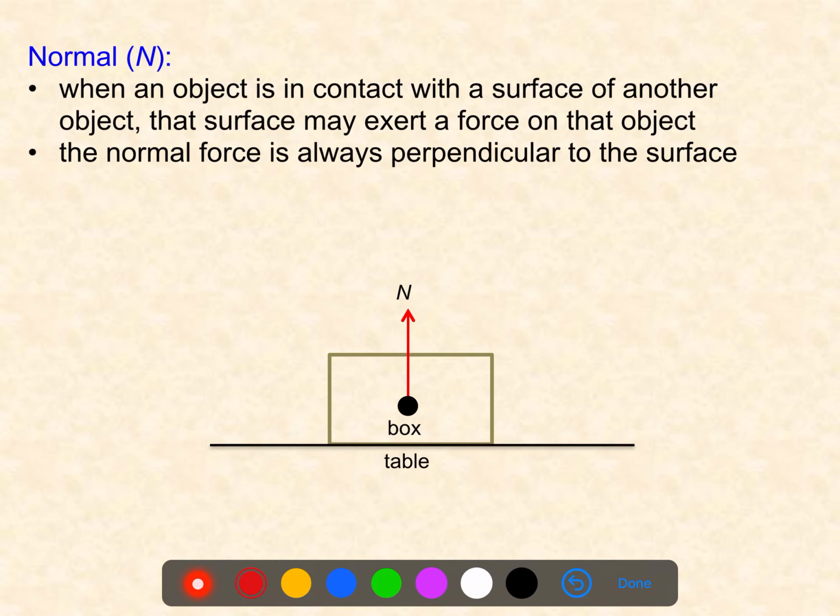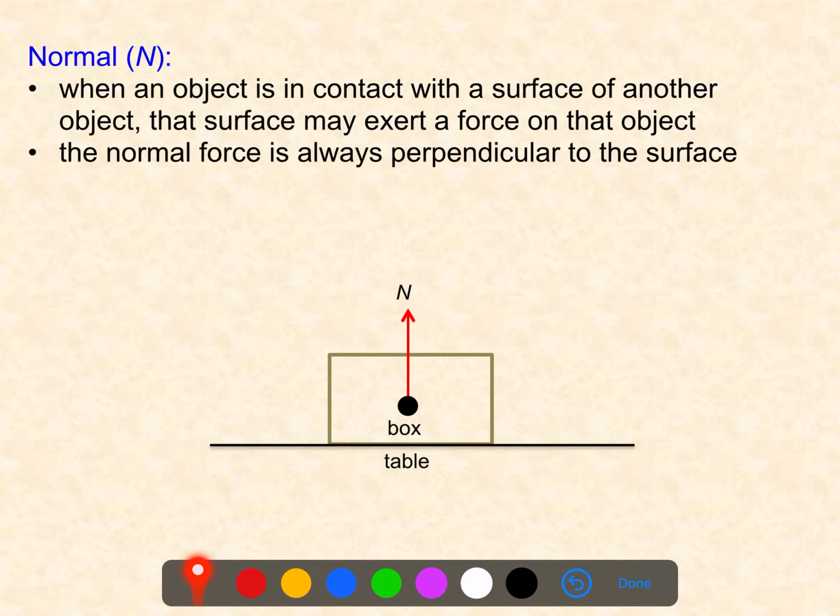The normal force is basically a force that happens when there's contact between the surface of one object and another, and that contact force is always going to be perpendicular to the surface. Typically you're going to see it portrayed as an example like you see here, where you have some box or books sitting on a table and the table's surface is horizontal, so the normal force is pointing perpendicular to that surface, up.